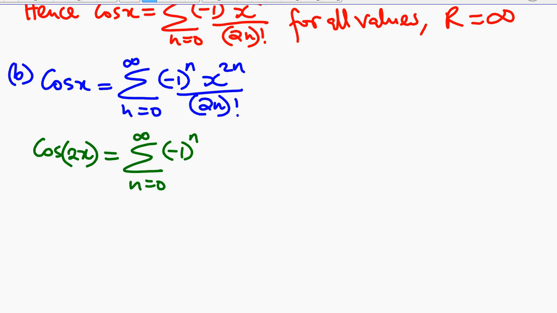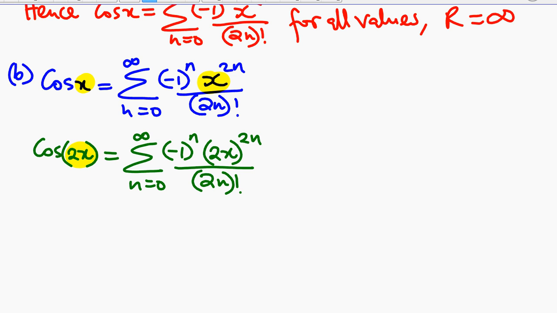Now in place of x, we'll plug in 2x, so that will be 2x to the power 2n over 2n factorial.